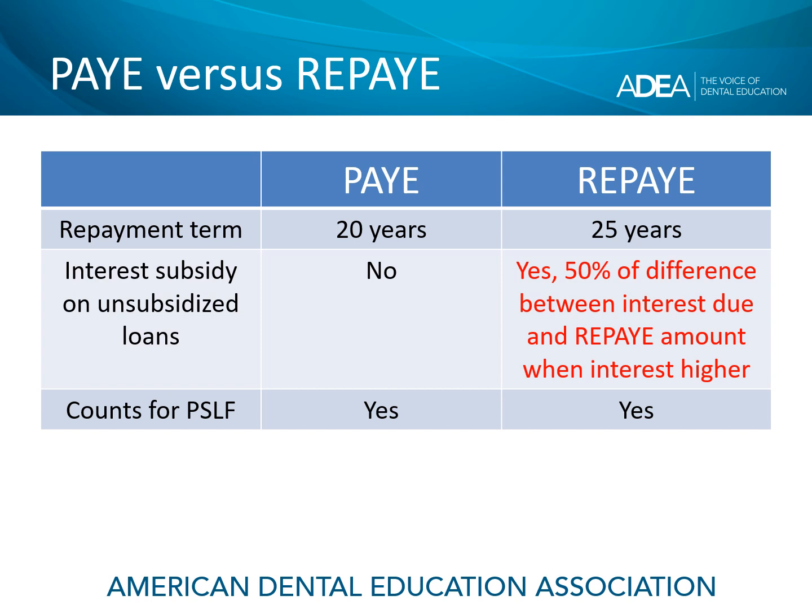What does that mean? Very simple example. Let's suppose that on your student loan portfolio, you owe $1,000 a month in interest alone. In other words, you'd have to pay $1,000 a month to keep the debt where it is, not to pay it down, but not to let it grow. Let's suppose that your calculated payment amount with REPAYE is $300 a month, which is not atypical for someone, for example, doing a GPR or a pediatric residency, someone who is a first-year resident.